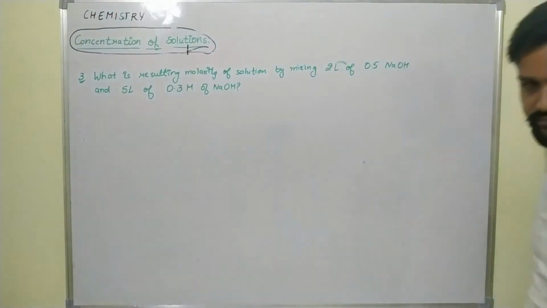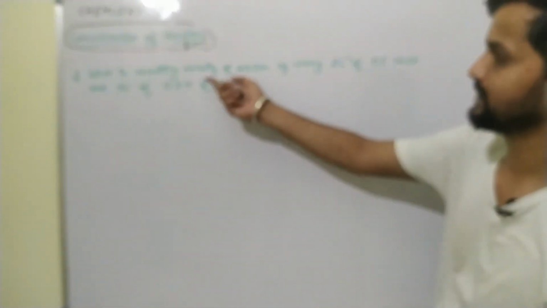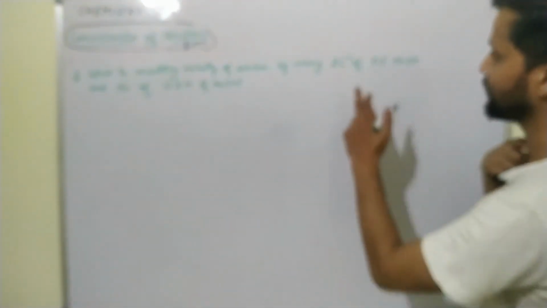So students, first of all understand the question, means what is the resulting molarity of the solution by mixing 2 liter of 0.5 sodium hydroxide.